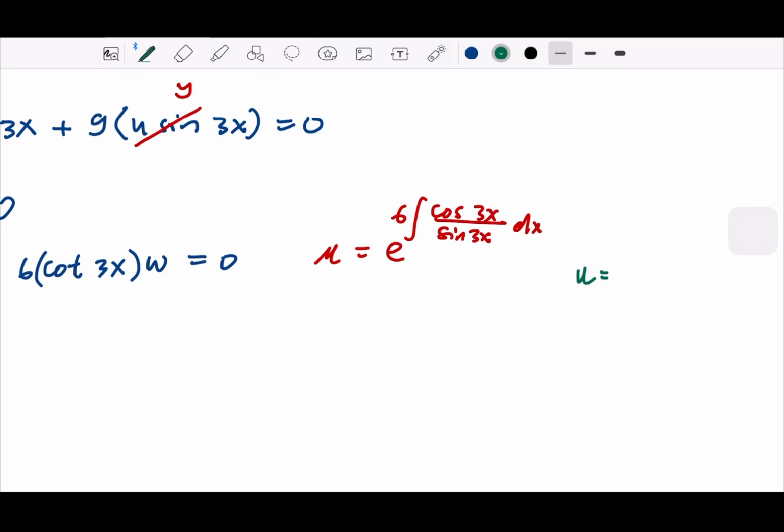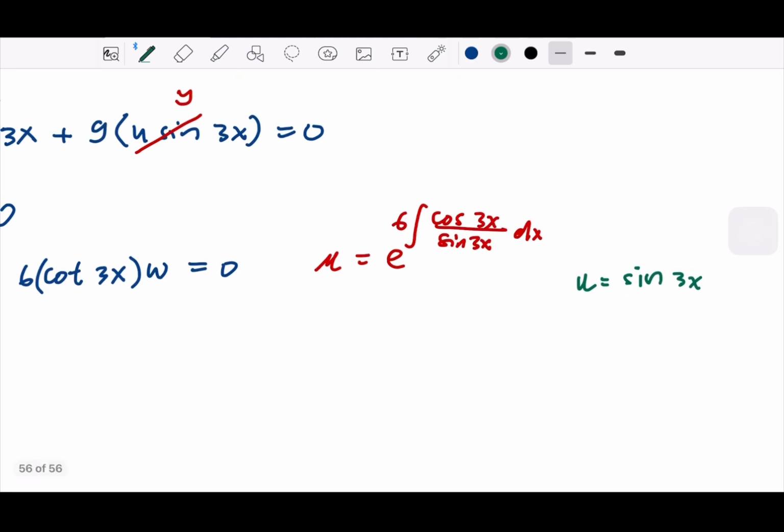let's say sine, or maybe cosine. I think cosine is also okay.